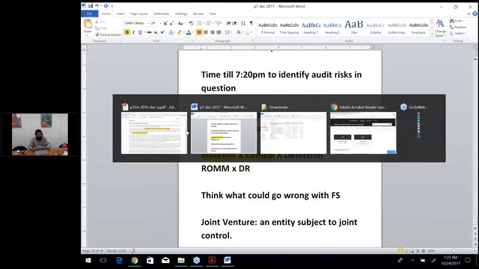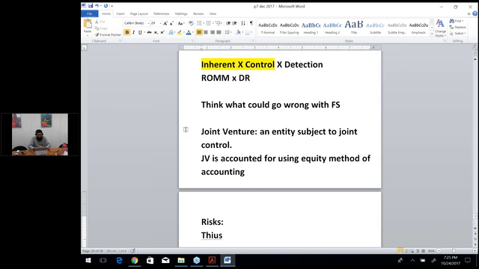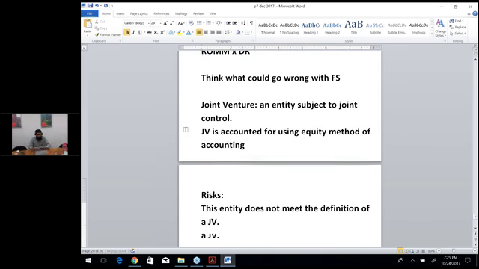Now, how do we account for a joint venture? A joint venture is accounted for using the equity method. Number one of the risks is that this entity does not meet the definition of a JV.